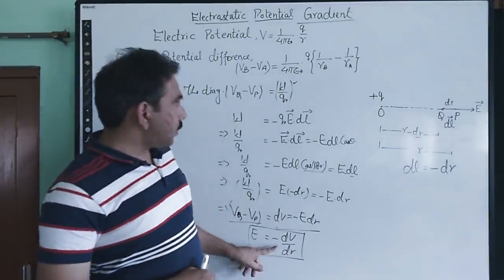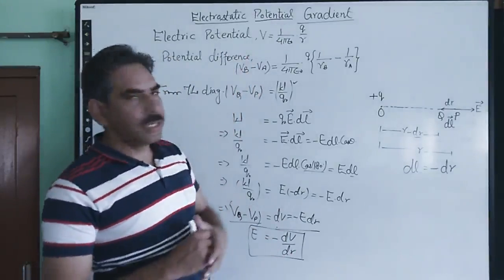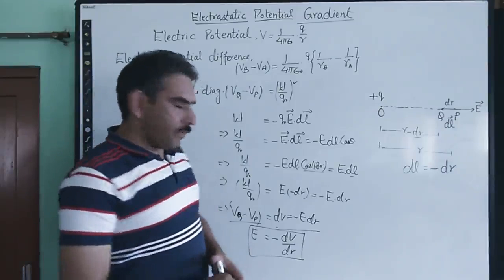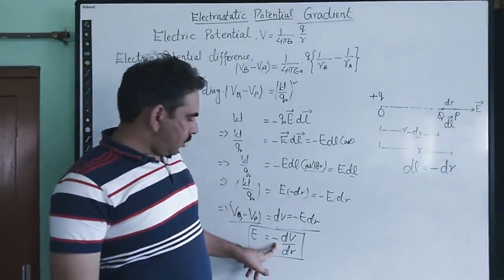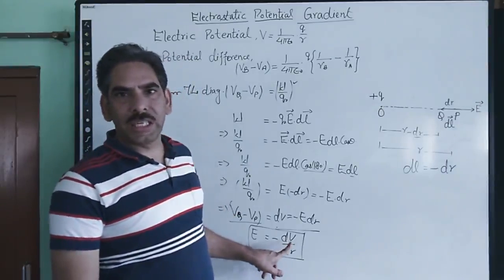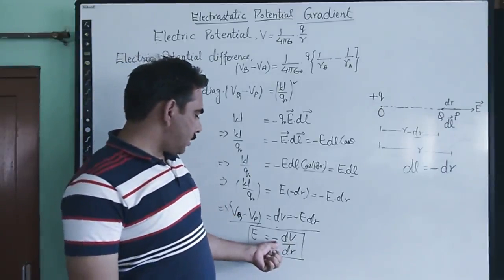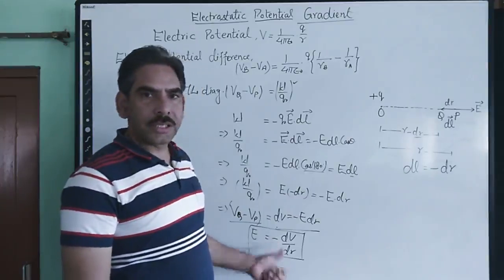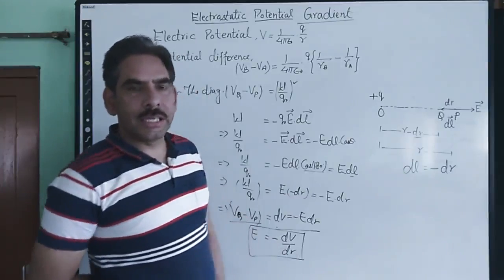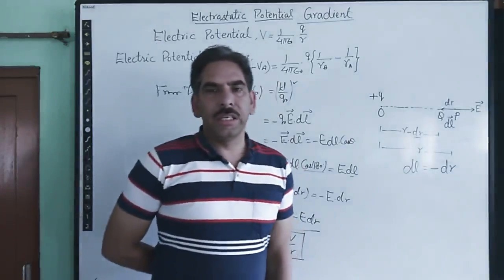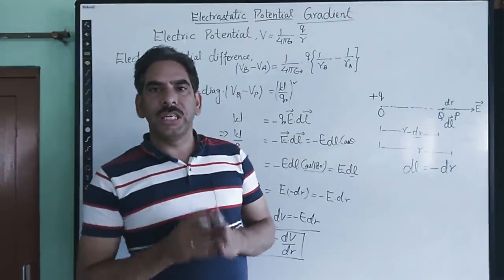This is the term we have to understand. So the electric field appears to be directed along the direction in which electric potential decreases, and this is signified by the negative sign here. The negative sign in this expression simply gives the information that the electric field is directed in the direction in which electric potential decreases.